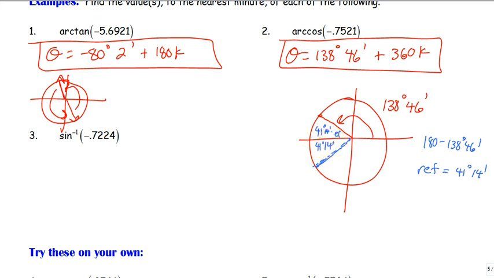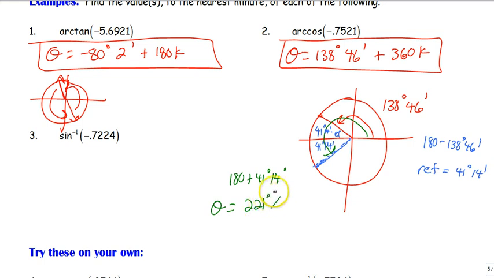So now I need to find the full angle of where this ends up. And hopefully you guys see, to do that, you just take 180 plus the 41 degrees 14 minutes. So if I do 180 plus 41 degrees 14 minutes, I get an angle of 221 degrees 14 minutes.